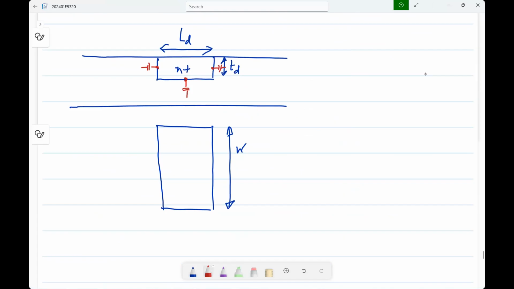Okay, so very clearly, it's very easy to see that the capacitance of this bottom part is related to the area, right? So this is capacitance per area of the bottom part, and the capacitance on the sides will be related to the perimeter.